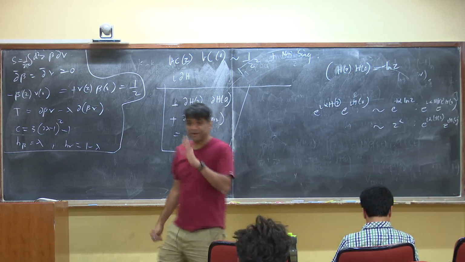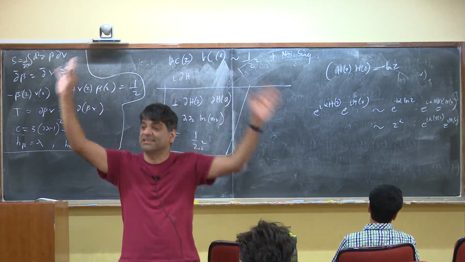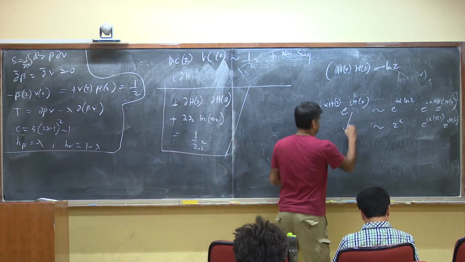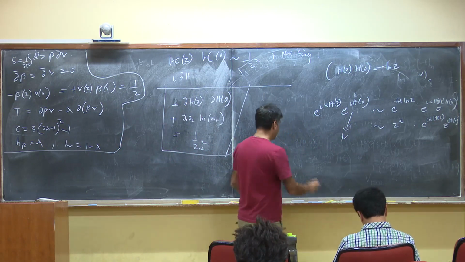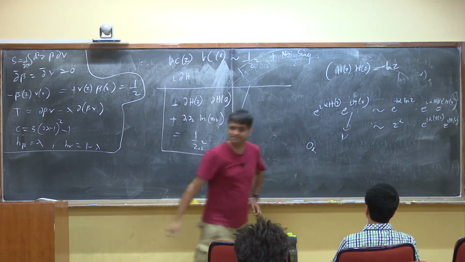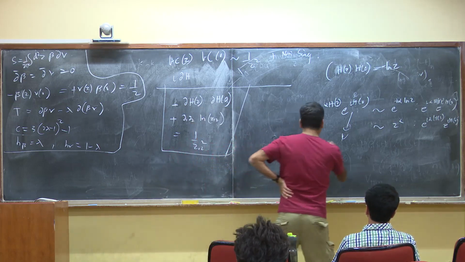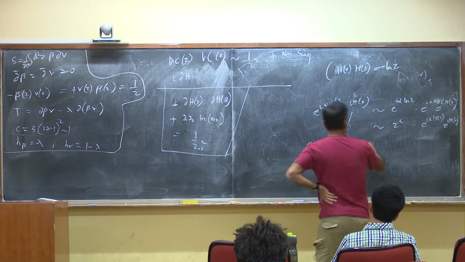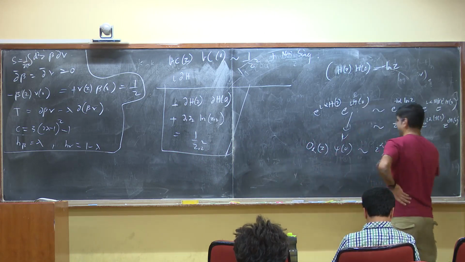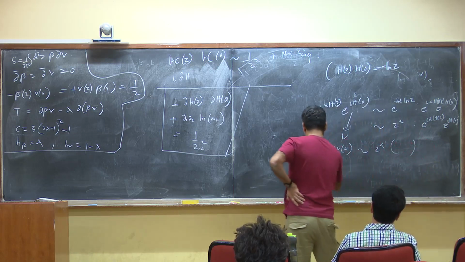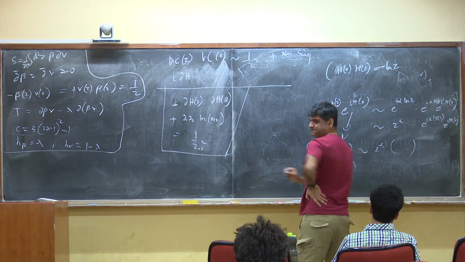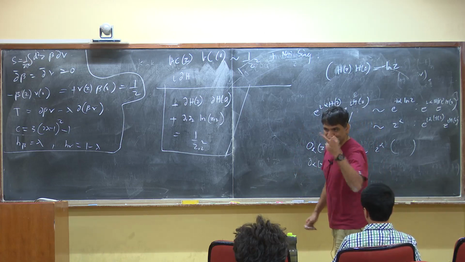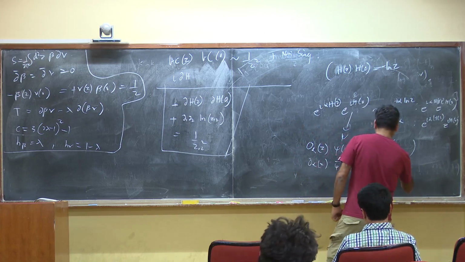Now, once we have realized that it is possible to define a consistent algebra with all these e to the power h's, what we would do in the fermionic, now this of course is just psi. So what we would do is to try to define an O alpha with the properties that O alpha of z times psi of 0 goes like z to the power alpha times single valued, and O alpha of z times psi bar of 0 (it's the other psi, nothing to do with anti-holomorphic, remember there are two psis) goes like z to the power minus alpha.